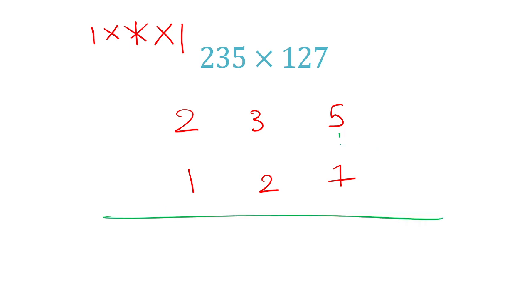The first step is to multiply these two. 7 5s are 35. I'll write 5 and 3 is getting carried. The next is nothing but 21 plus 10 is 31 plus 3 is nothing but 34. So I'll write 4 and again 3 is carried forward.